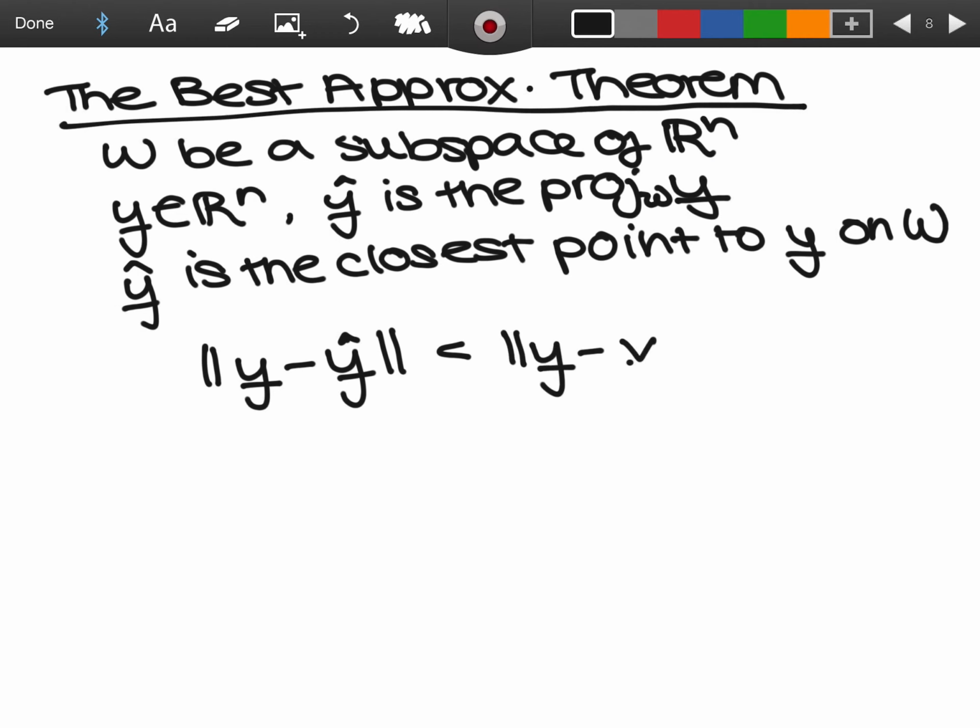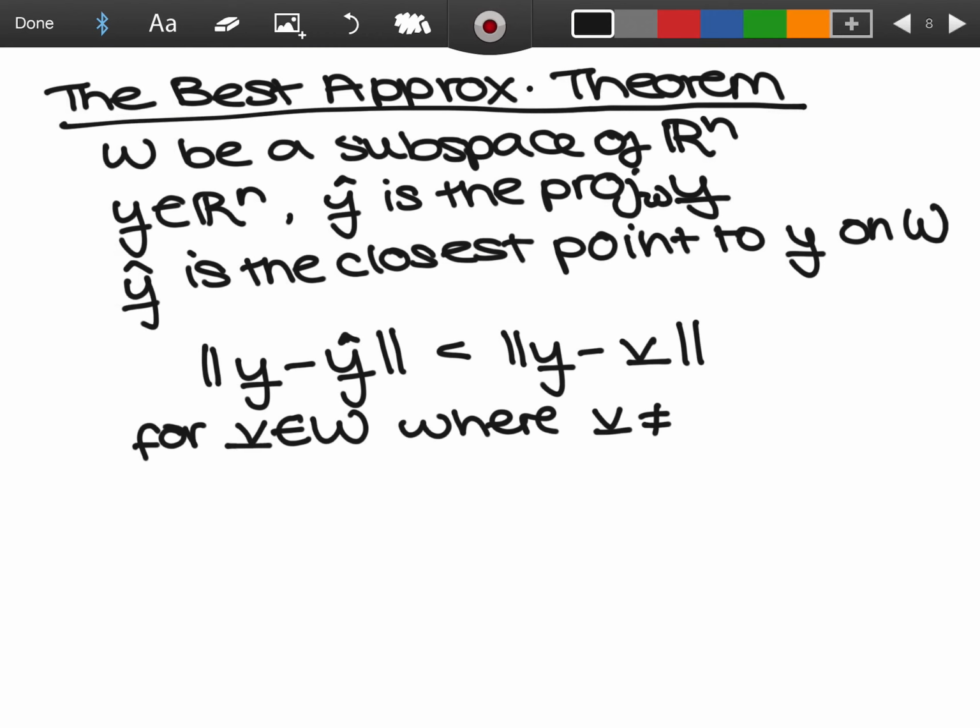That must be less than the distance between y and any other vector v in W, where v does not equal y hat, otherwise this doesn't make sense. So the distance between y and y hat, being the magnitude of the vector that's the difference between y and y hat, must be less than the distance between y and any other point in W.